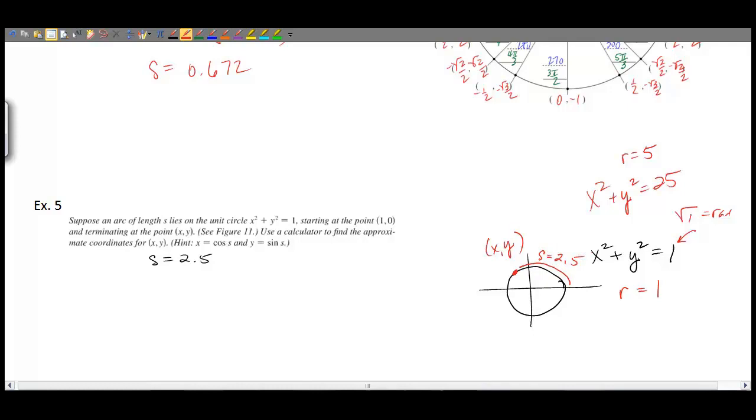Well, the first thing I'm going to do is recognize that both x and y, if I take the cosine, this first value gives me the cosine number. The second one gives me the sine number.